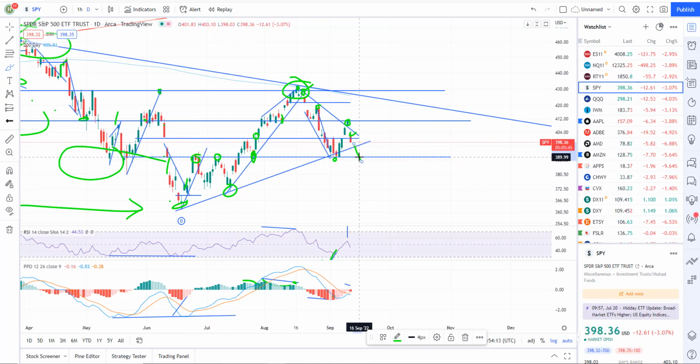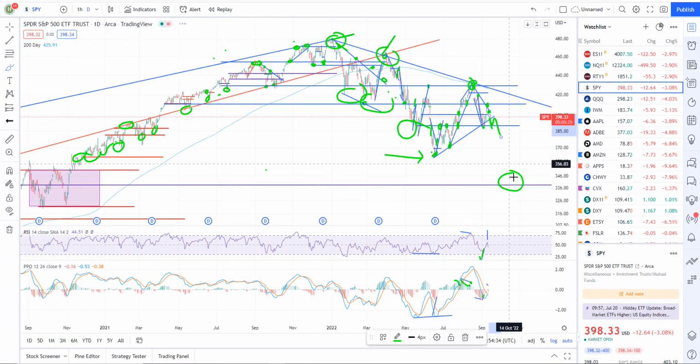Okay, good support here as well, 389, 390-ish. So you might bounce there a little bit, but at the end of the day, if we start breaking these levels, 390 and this trend line about 395-ish, depends on when you actually break, it's going to tell me that, okay, we're getting that next flush down in the bear market.